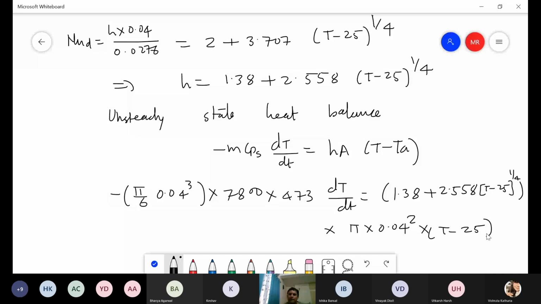Is it correct? Hello? Yes, sir. So now in this particular equation, if we rearrange all the terms, we should get the expression in terms of dT by dt, and that we have to integrate.